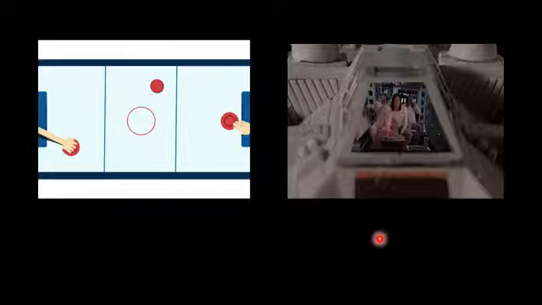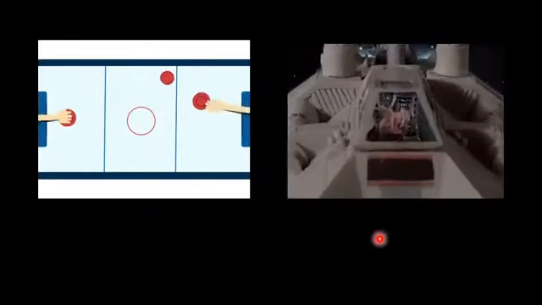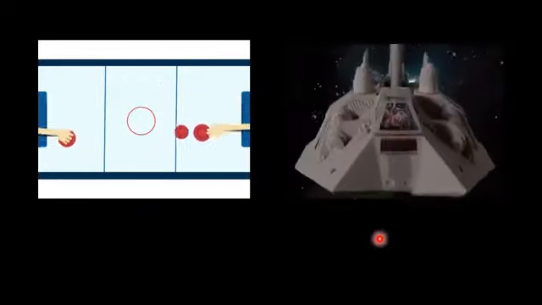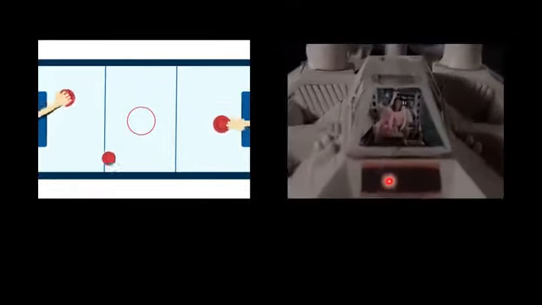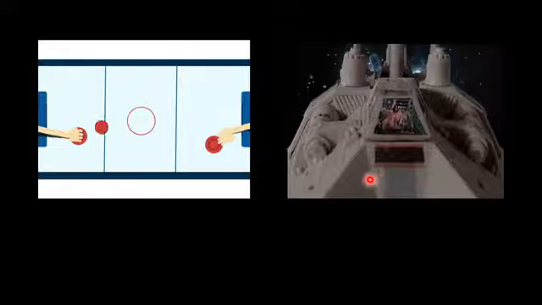Another example is the spaceship. You know that a spaceship requires propulsion systems to change its velocity.